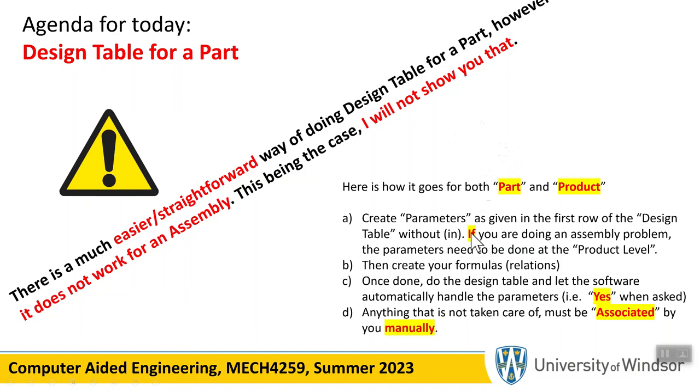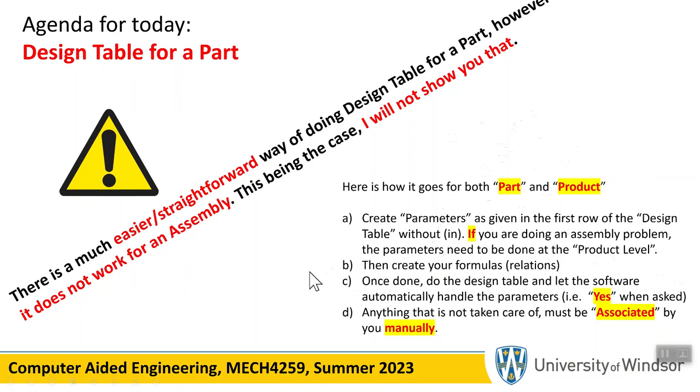Now, if you have to create a design table for a product or an assembly, as we will do on Tuesday, make sure that these parameters that you create are at the product level, not at the part level. Then you create your equations or relations, okay?